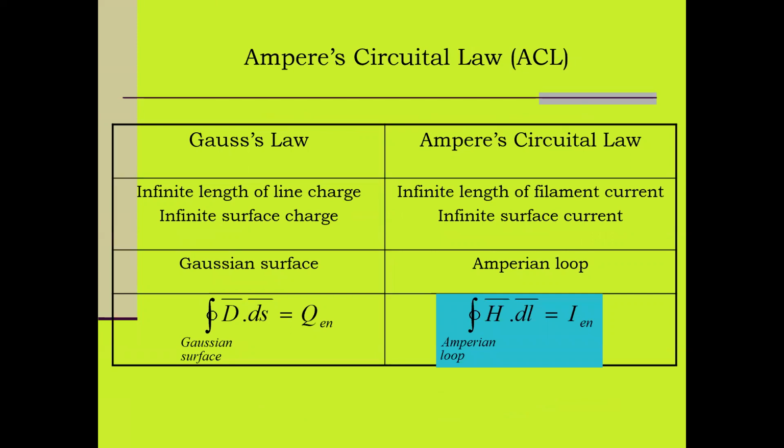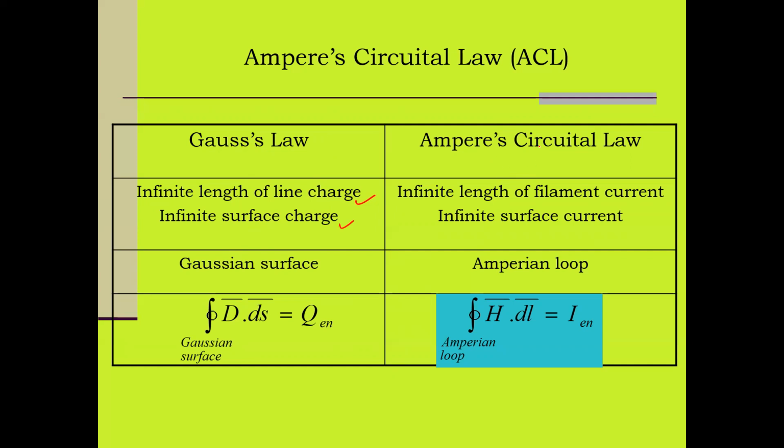Right. So this is a mere comparison between the Gauss Law and the Ampere Circuital Law. If we base on this slide, we can see that the Gauss Law can be applied if we have a source in terms of infinite length of line charge, the infinite area of surface charge, and also a spherical charge distribution.